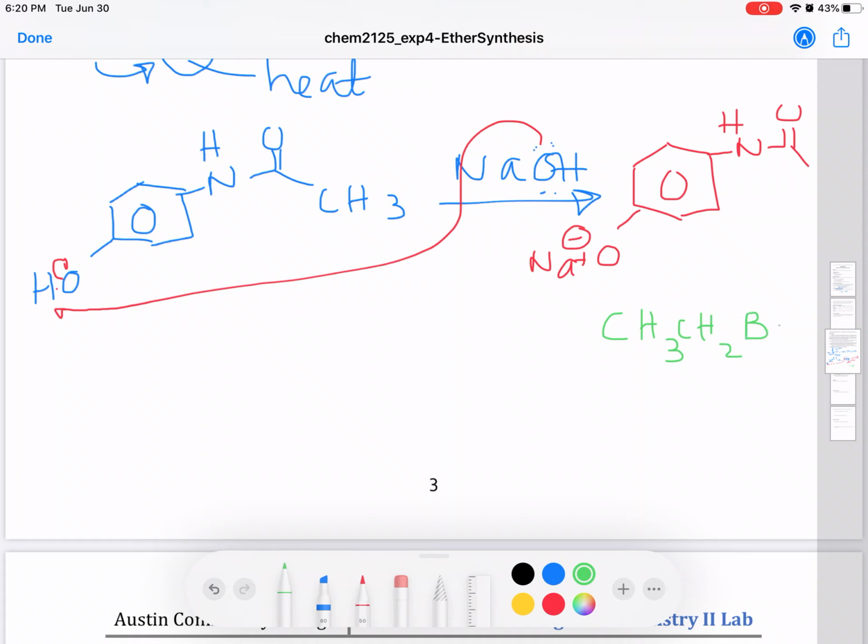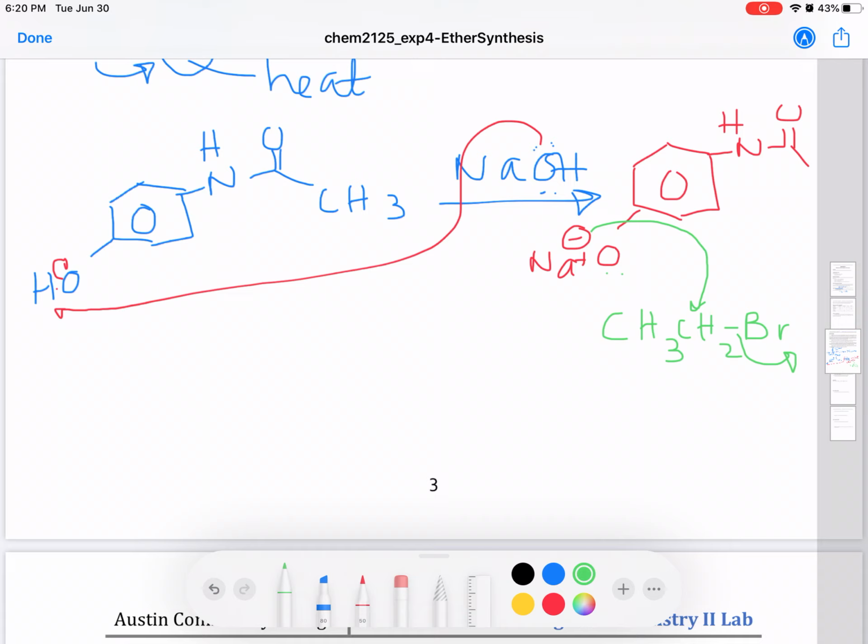You add 20 millimoles of that. Here you have the alkoxide ion, so the alkoxide anion goes to this primary carbon and removes bromide.